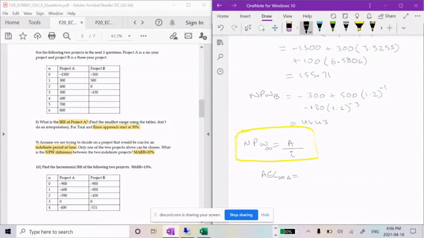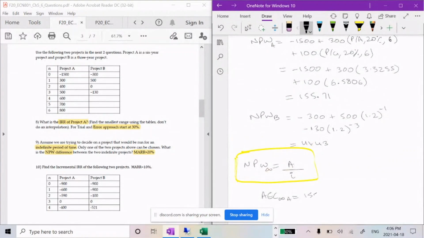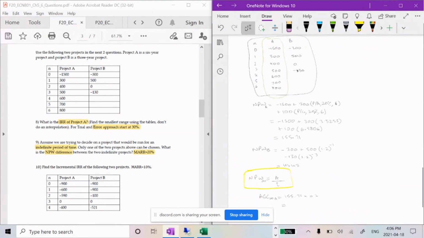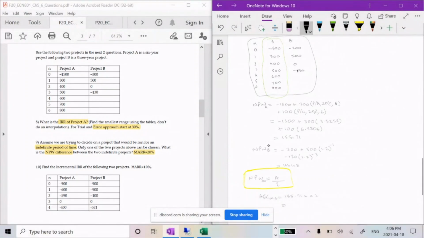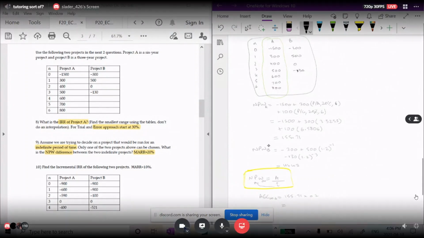For A, it was 155.71 times 0.2. Wait, are you sure it's 0.2? Isn't it supposed to be A given P? I'm just taking the I and rearranging this equation.